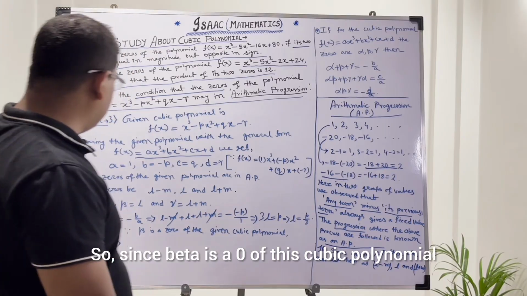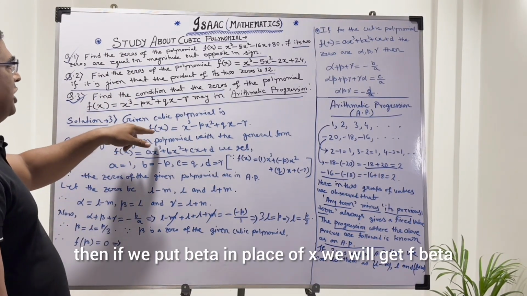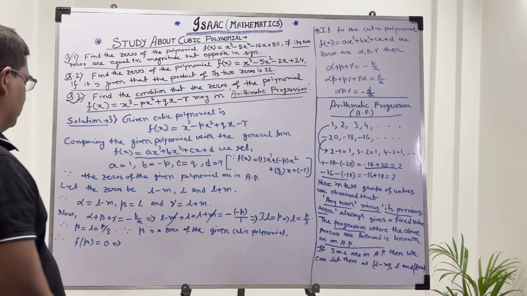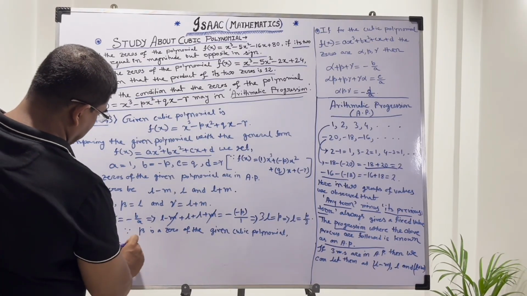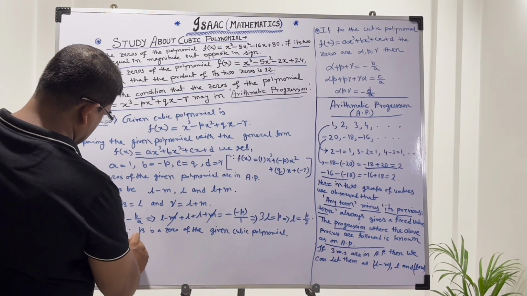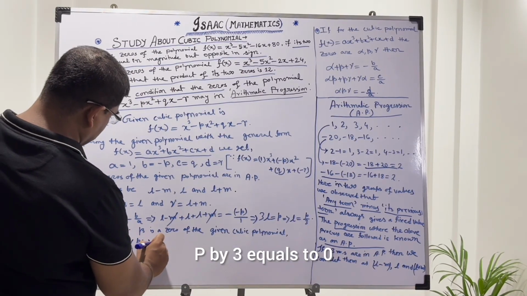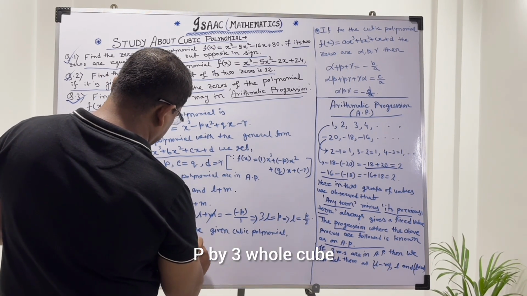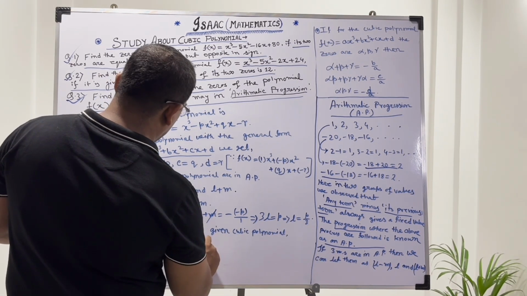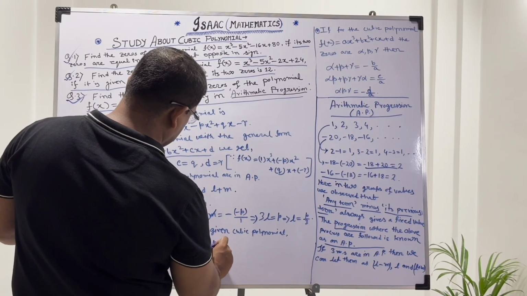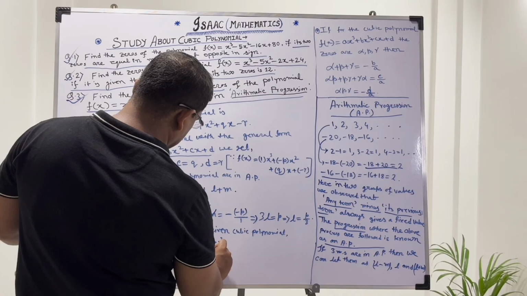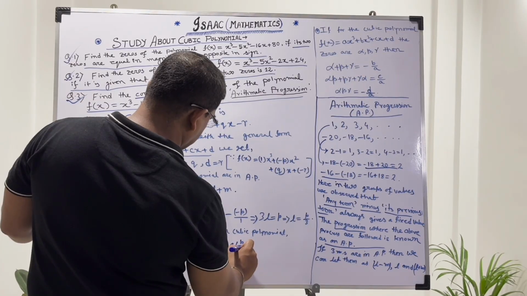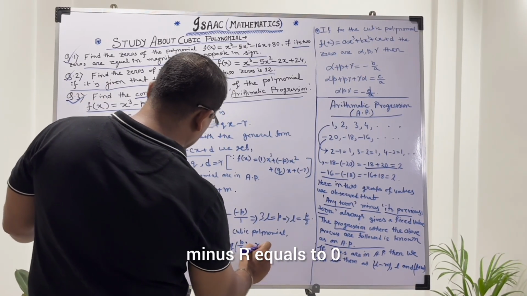If we put beta in place of x, we get f of beta, and that equals 0. f of beta equals 0 implies f of p by 3 equals 0, which implies p by 3 whole cube minus p into p by 3 whole square plus q into p by 3 minus r equals 0.